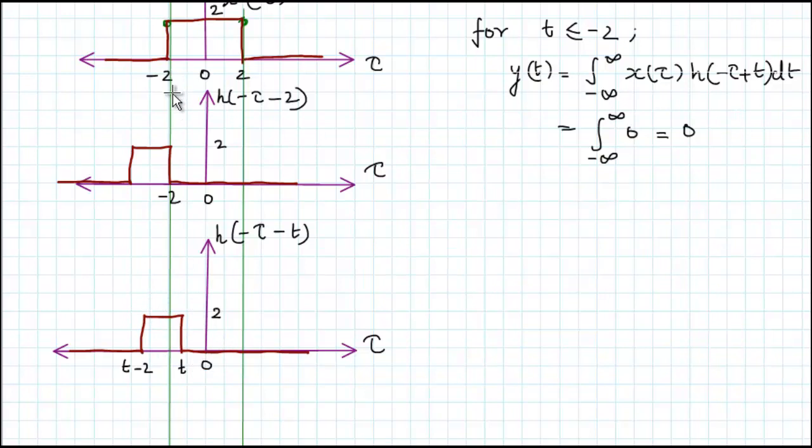I have drawn these 2 lines, which are the lines where the signal of x of tau is changing. Similarly, here the first part of the signal h of minus tau plus t is slowly entering.